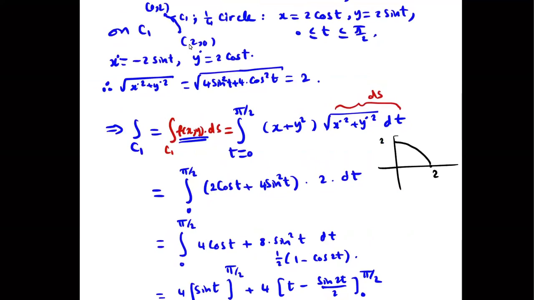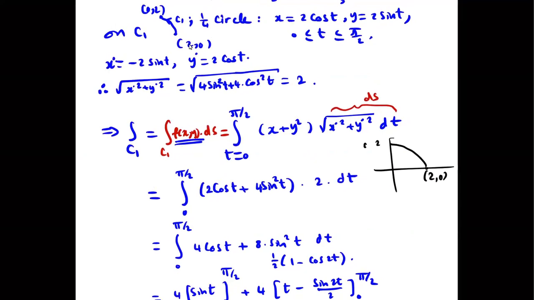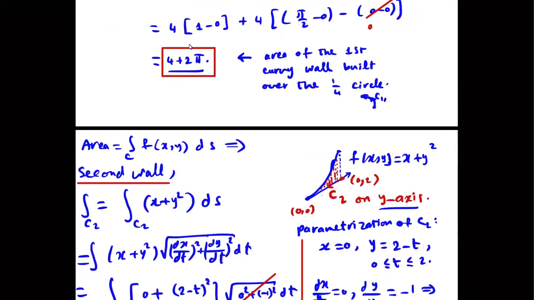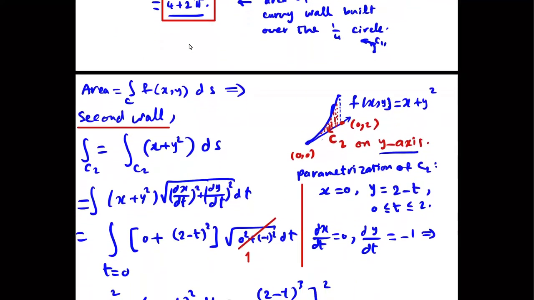The radius is 2. The point is 2, 0, the point is 0, 2. This is C1. We write the equation of this curve in the parametric form or vector form and calculate this ds. The rest is straightforward. C2, what about C2?